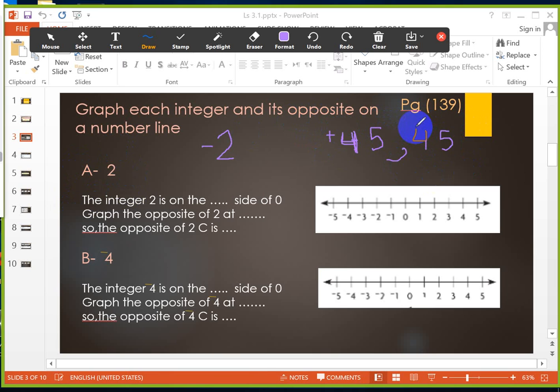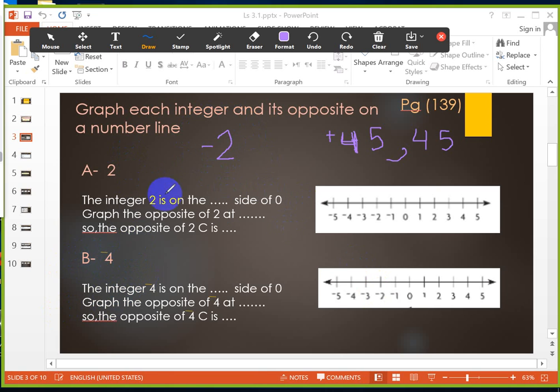It will be the same. But in negative I have to write it. Look, in exercise B I have to write the negative sign before the number to represent that this is a negative number, or negative integer.